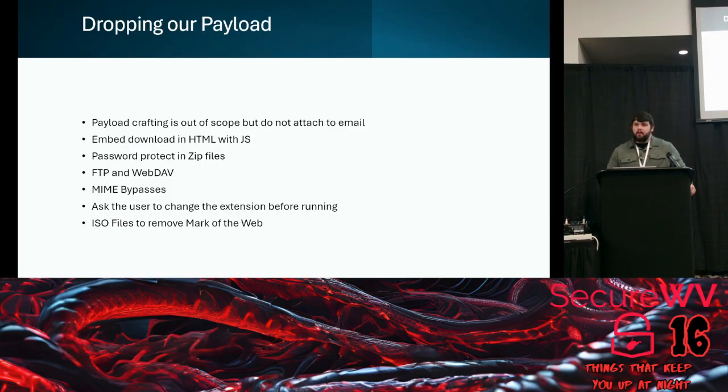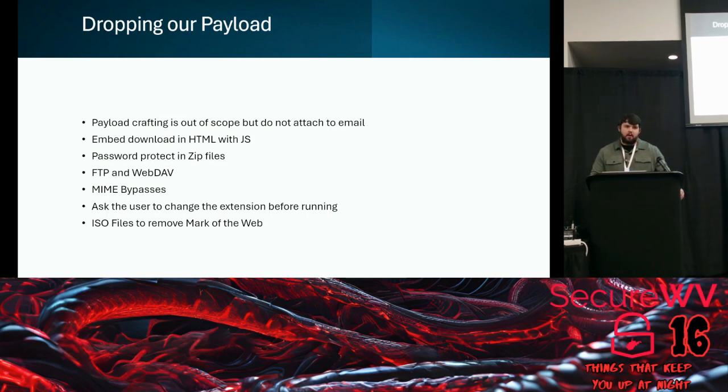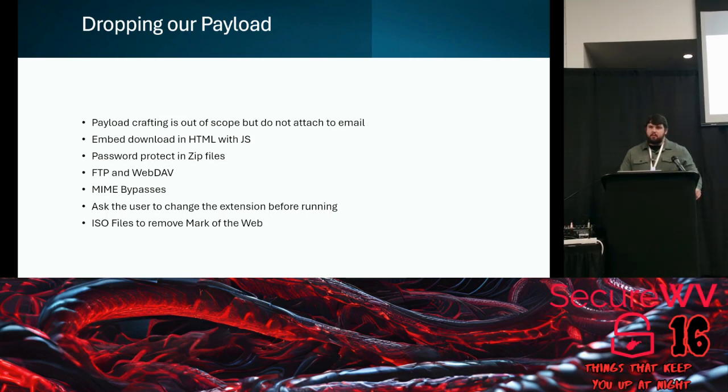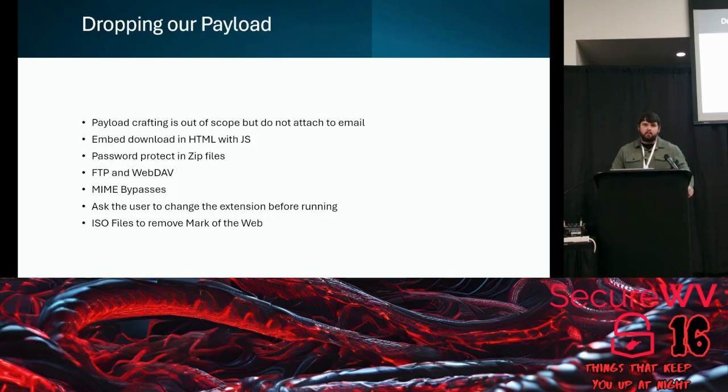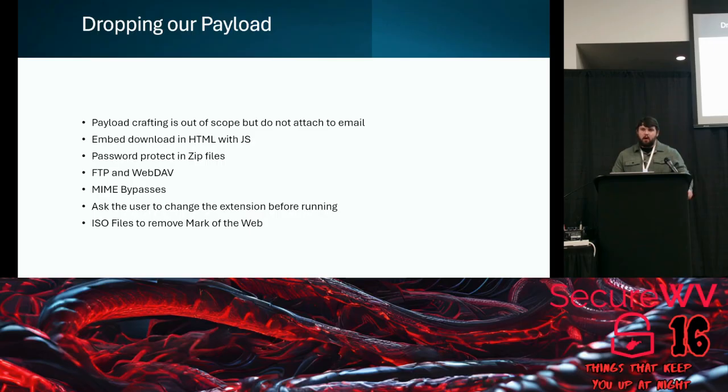Typically, you want to embed the actual download links with HTML and JavaScript. A good way to get around signatures, though, is password protecting zip files. There are a lot of static text finders, even in EXEs or malicious documents. If you hit that certain text, you get a score, and it's blocked, like in a lot of security products.